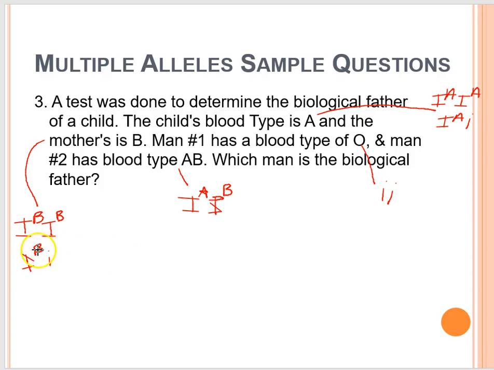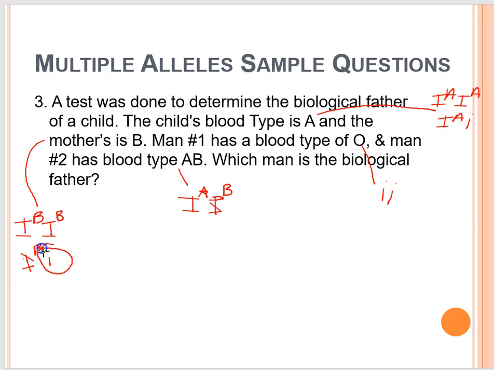Mom is B. Focus. What's the only thing mom can give? She can either give a B or a little i. If the child is type A, which one did she give the child?